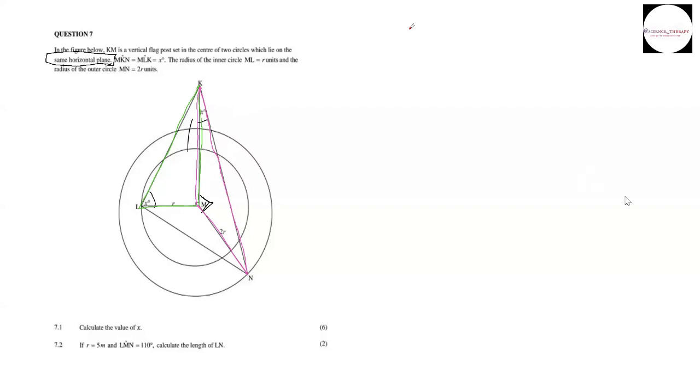So starting with the green one, in triangle KLM, let's now see what we are given. We are given this is 90 degrees, remember. So this makes it the adjacent side to the angle, and then our KM here becomes the opposite side. Now, if we have adjacent and opposite, we know that the trig ratio that applies there is tan, right?